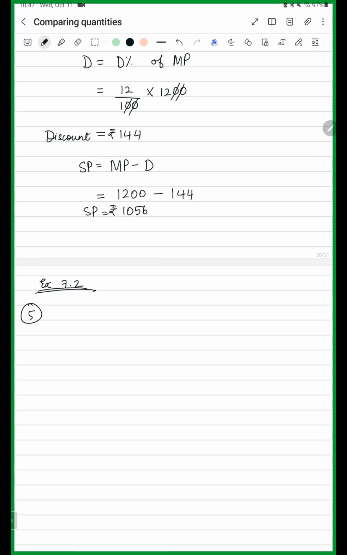In my textbook it is the fifth question; in your textbook it might be something else. An article was purchased for 1239 rupees, including GST of 18%. So the tax percent is 18%.